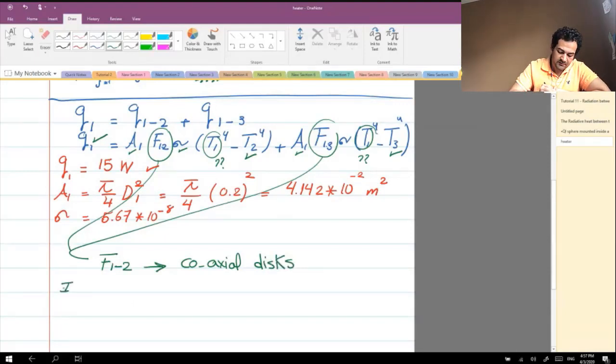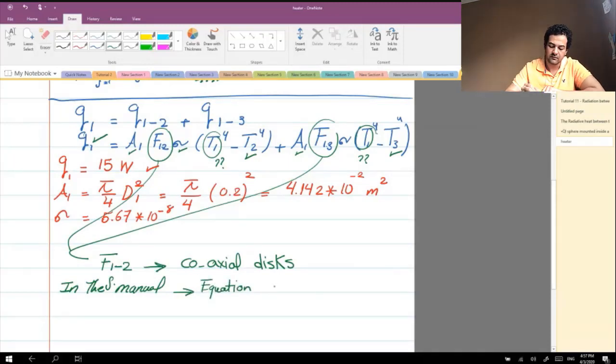Look, in the solution manual, he used the equations to get this F12, but I am going to use the figure.